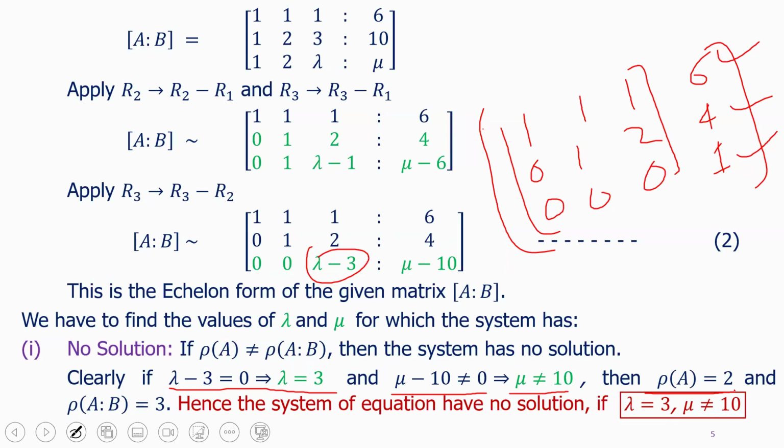If lambda equal to 3 and mu is not equal to 10, then the system has no solution. So this is the first answer of our question.